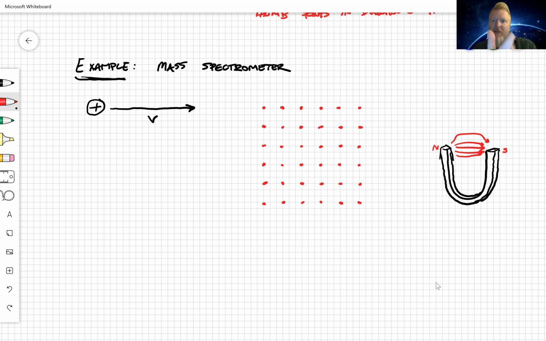So imagine that you rotated it that way and then stuck the north behind and the south up.